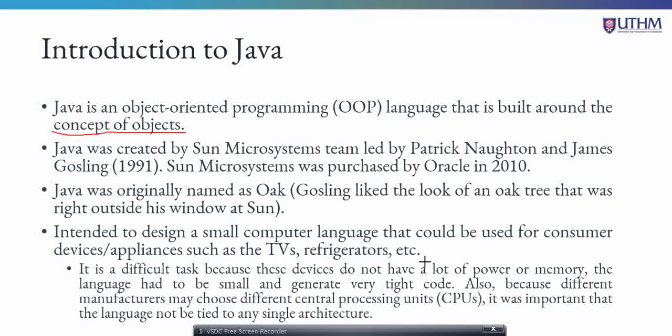Take a TV as an example. The board is quite small, so the memory capacity might also be small, and it is very difficult to fit a very large program inside a small memory.